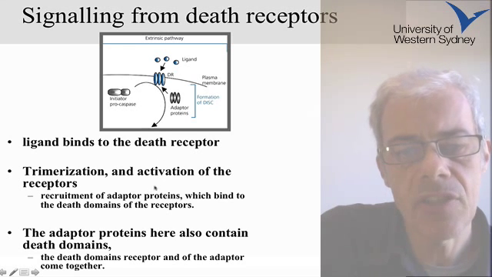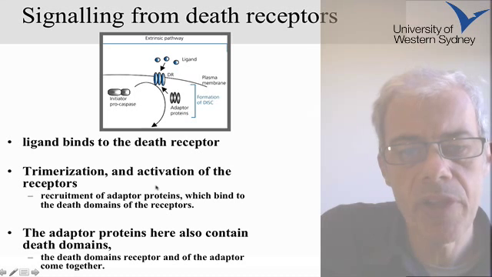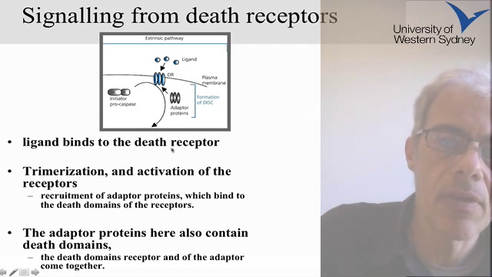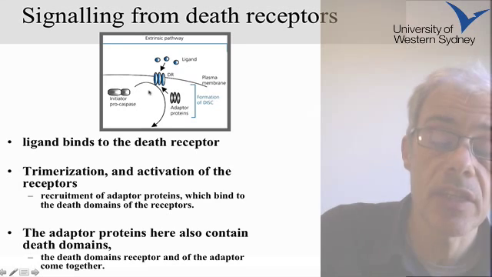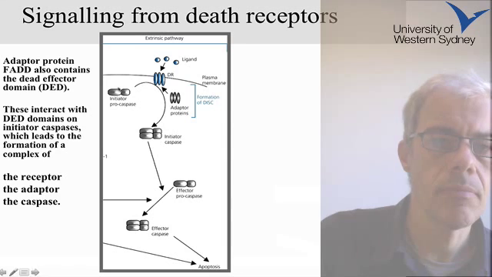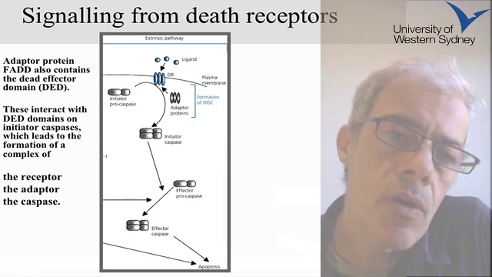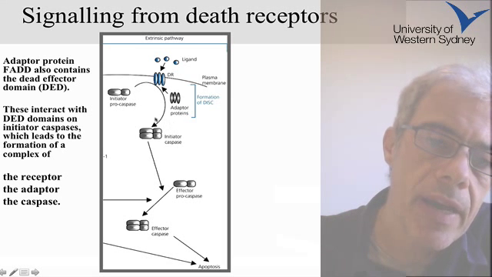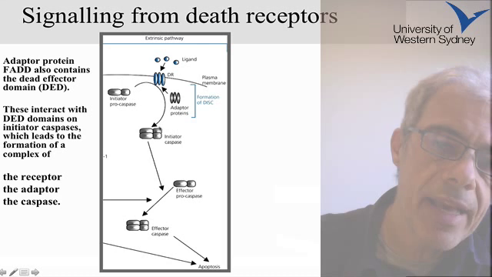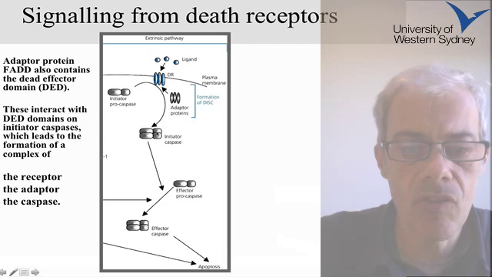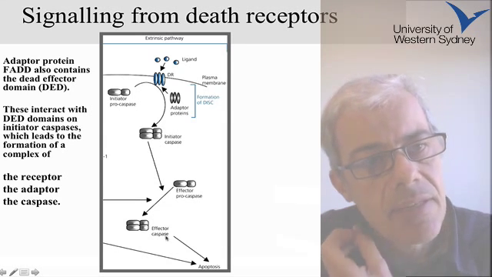The aggregation of these death receptors also brings together these adapter proteins, and the adapter proteins are able to bring together the caspases, and this leads to the activation of the initiator caspases. So through ligand binding, the procaspases are activated, and then these initiator caspases can then cleave and activate effector caspases, giving rise to a caspase cascade.